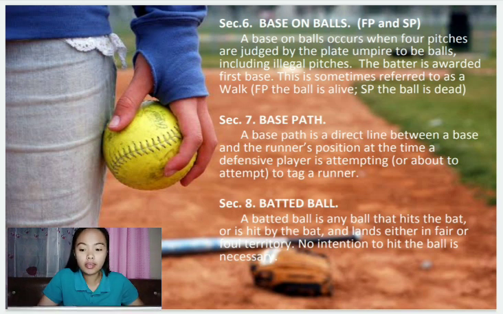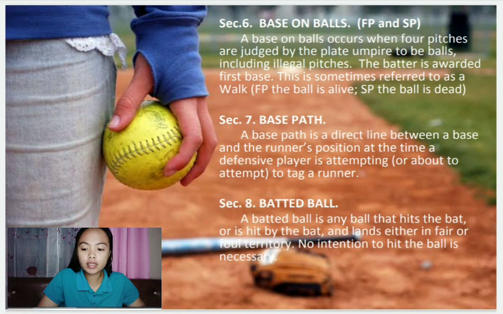Next is section 7, the base path. Base path is the direct line between base and the runner's position at the time a defensive player is attempting to tag a runner. Next section is the batted ball.